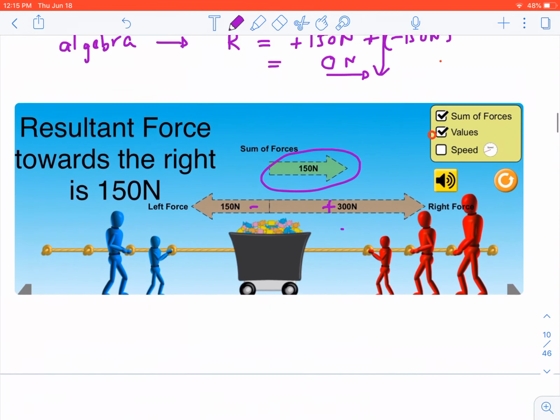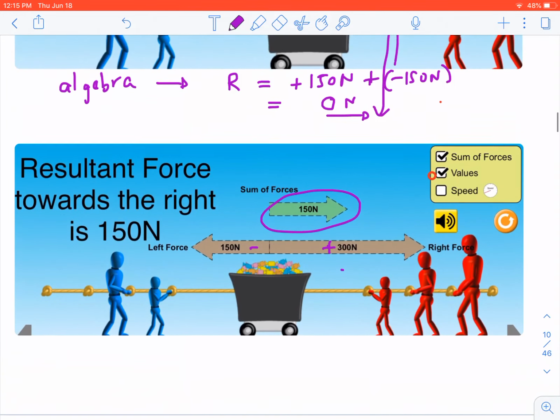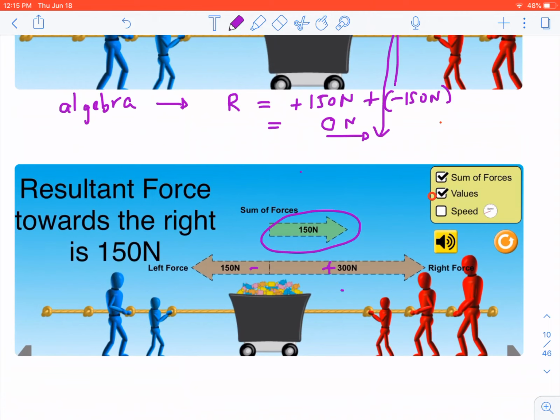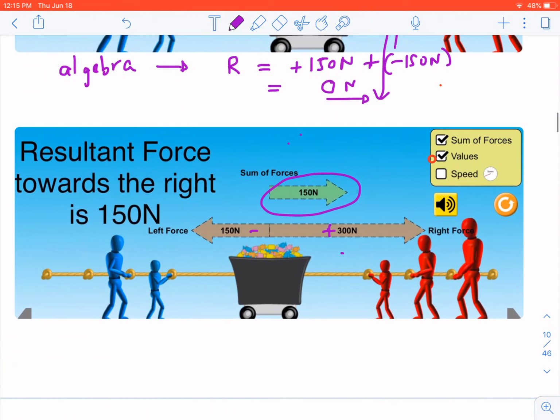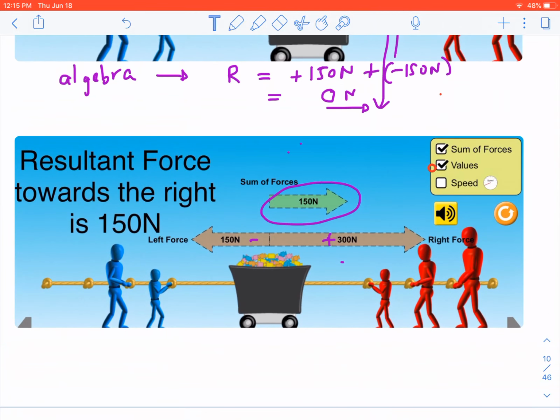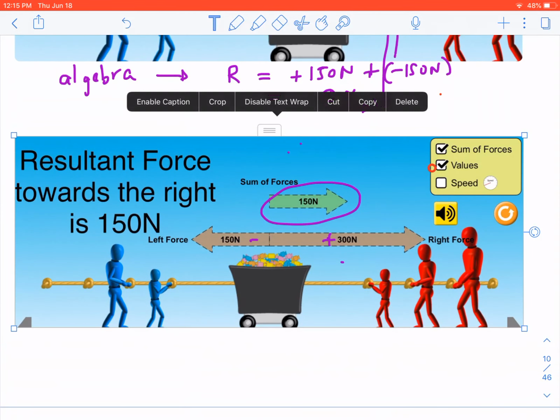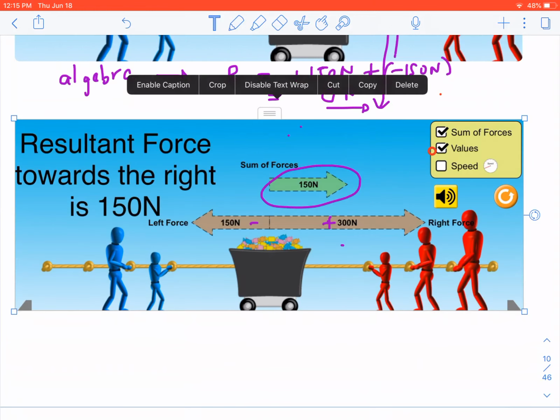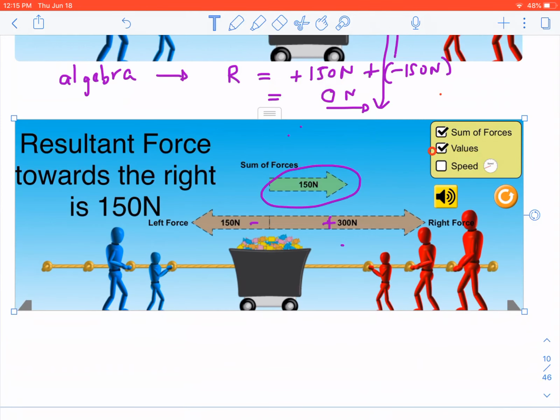Now, if we sort that out geometrically, let's just do this so I have a bit more space.